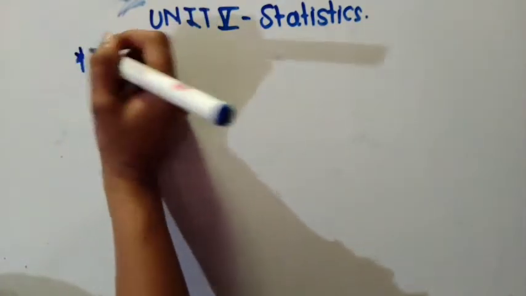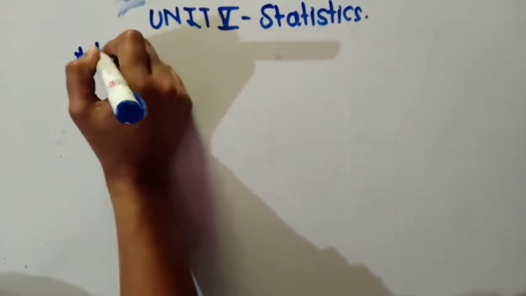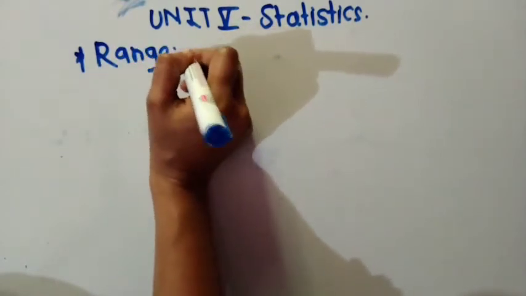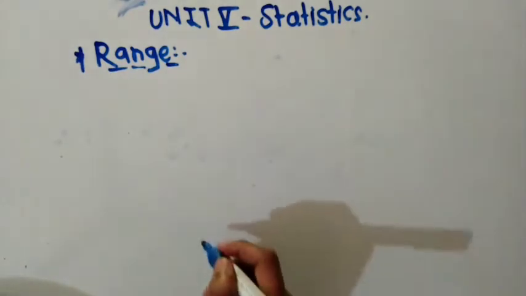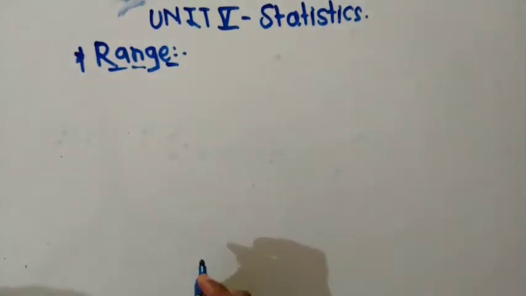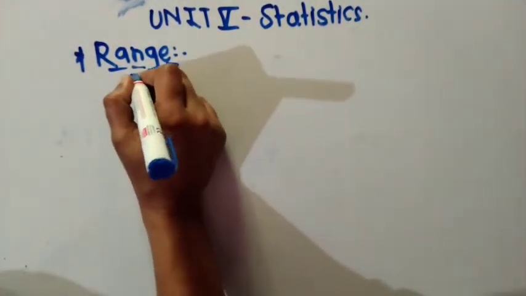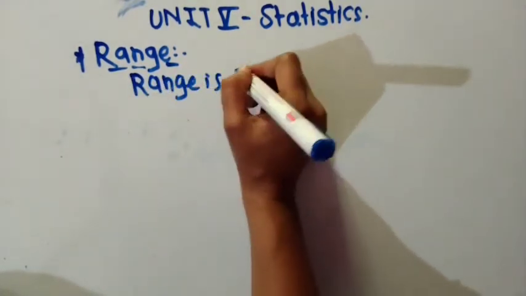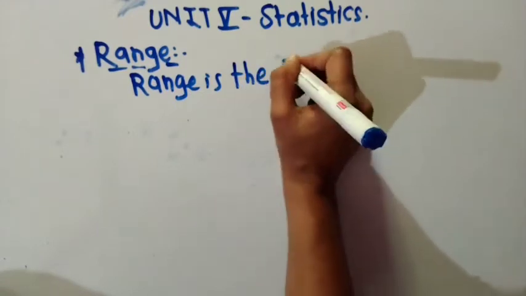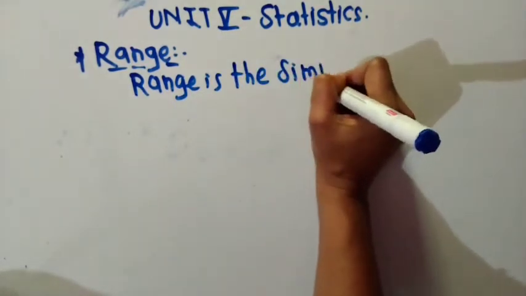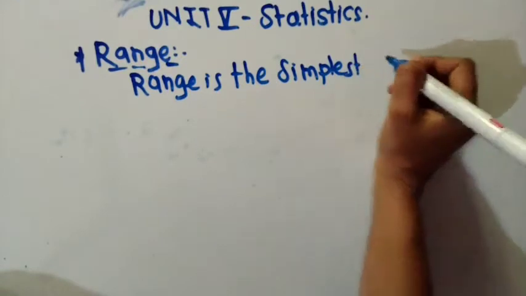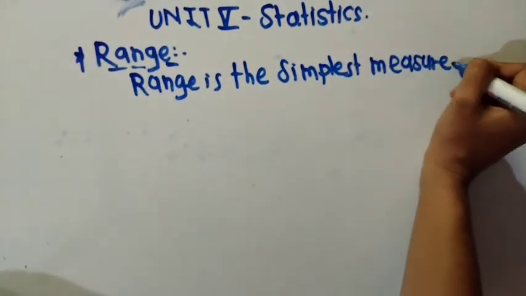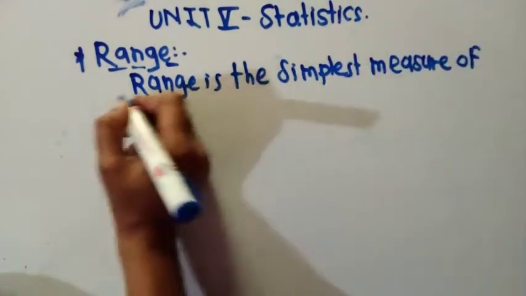So, the first point is range. How to find out range in statistics? First, what is range? Range is the simplest measure of dispersion.